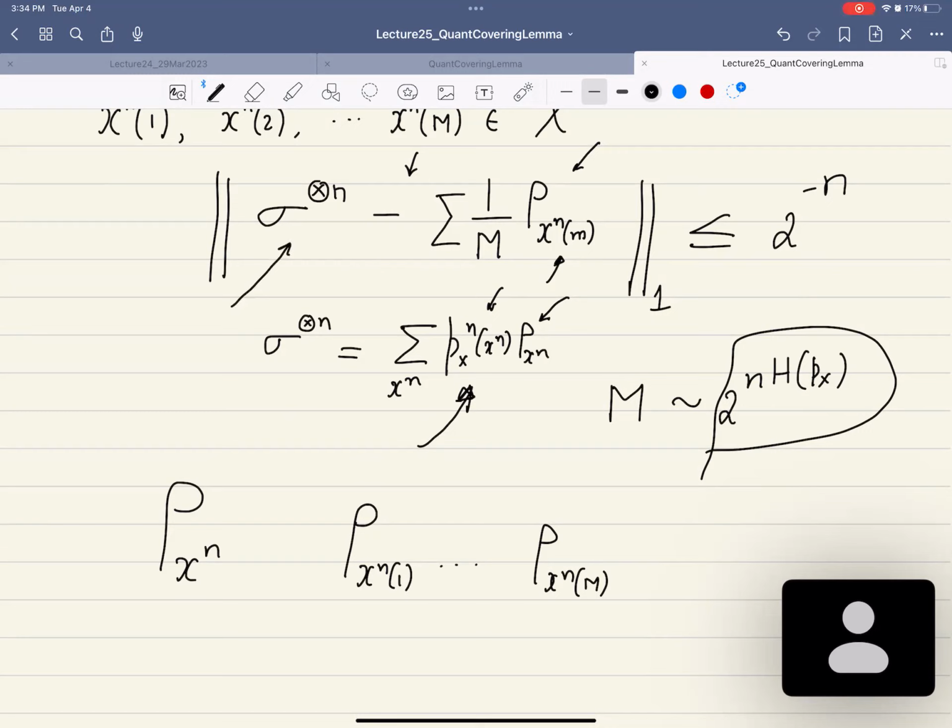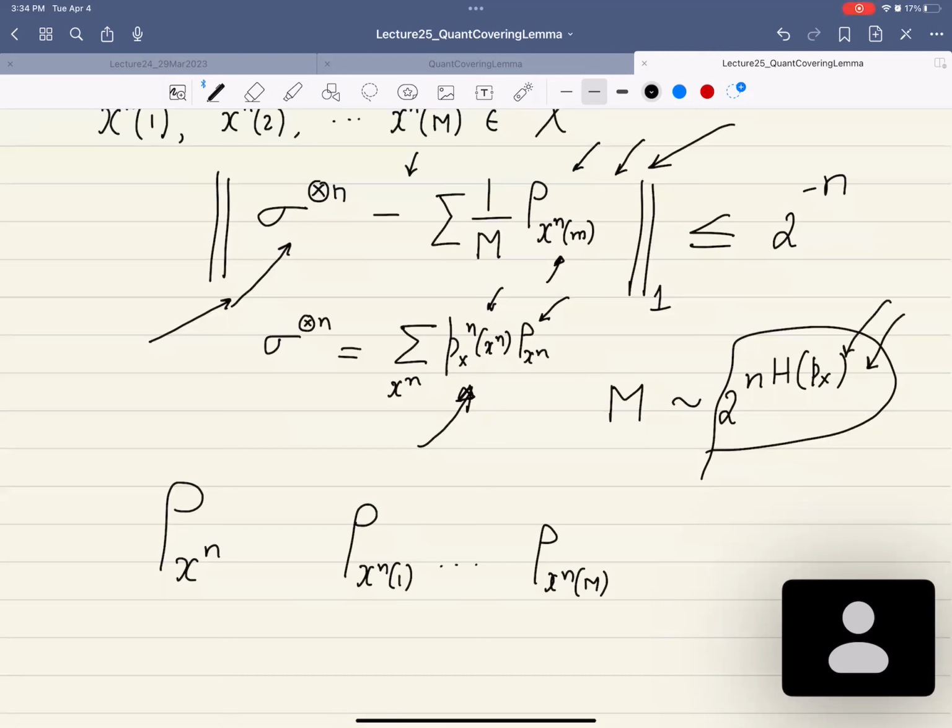So one natural thing you will tend to feel is that, okay, if I pick all the typical sequences and discard the rest, I've already got an exponentially small collection, and that should pretty much get sigma tensor n. Most probably I'll be able to prove that. Great. But I will do something exponentially smaller than this.